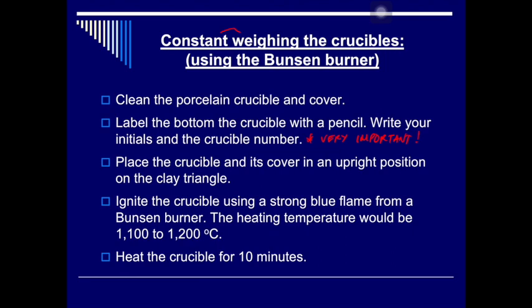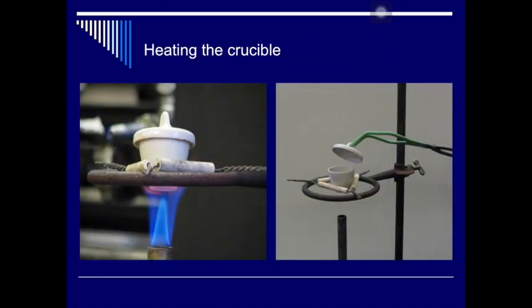So, what's the purpose of this? The purpose is to remove moisture. This is how you heat the crucible using your clay triangle and Bunsen burner. This one is your clay triangle. Of course, you have an iron ring, an iron clamp, an iron stand, and your crucible tongs.